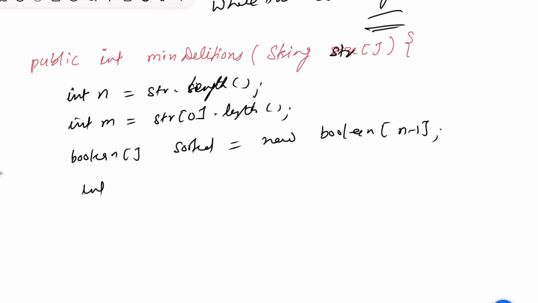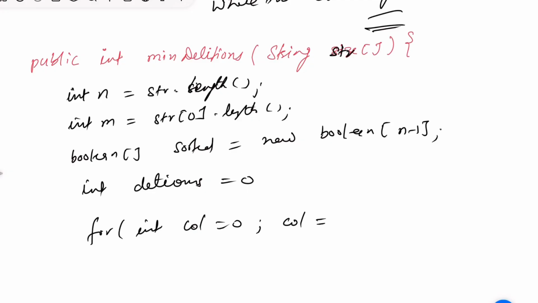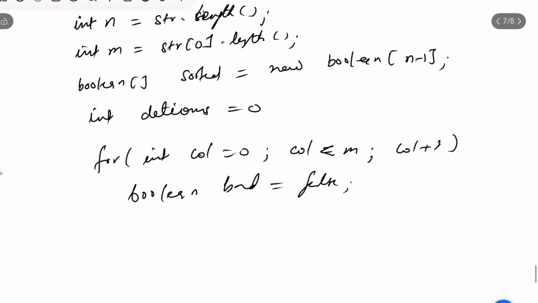So we'll say int deletions equal to 0 and we'll take a for loop. We'll start from int column is 0 and column is less than m, column plus plus. Take a boolean, we'll say boolean bad equal to false, right?